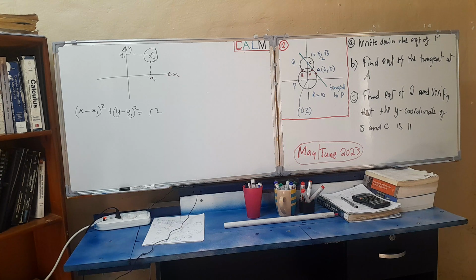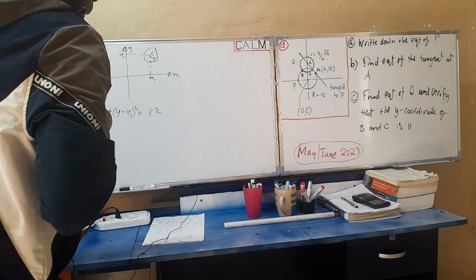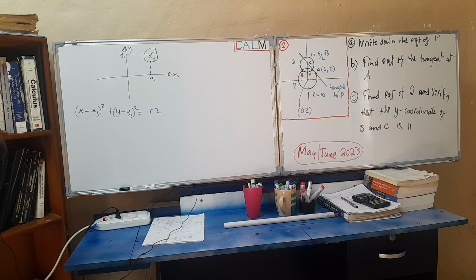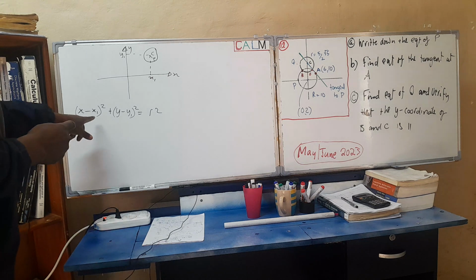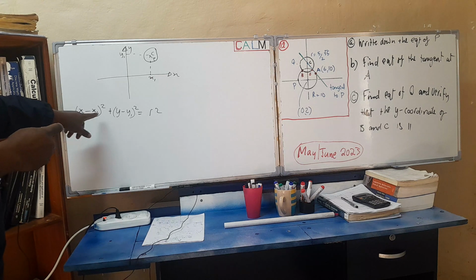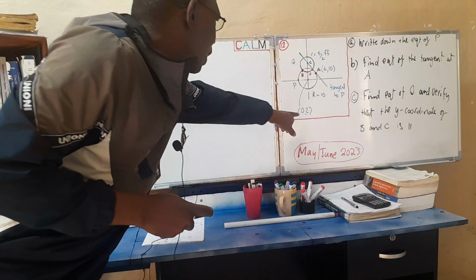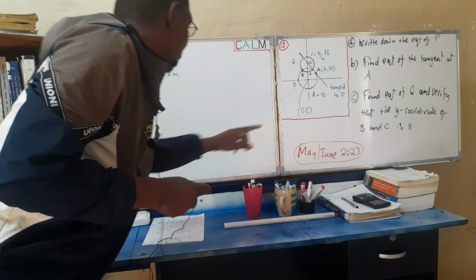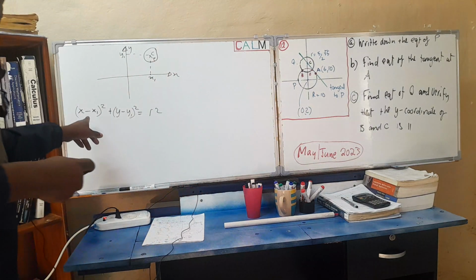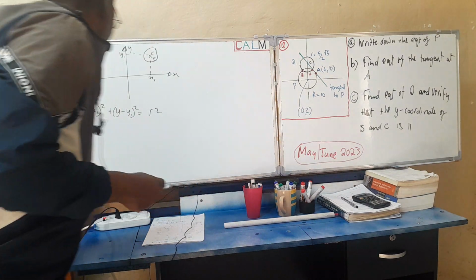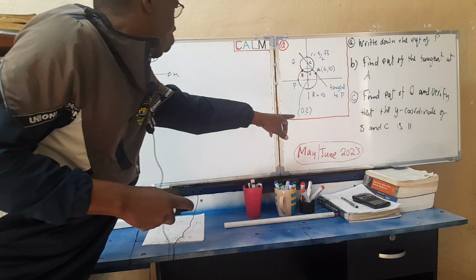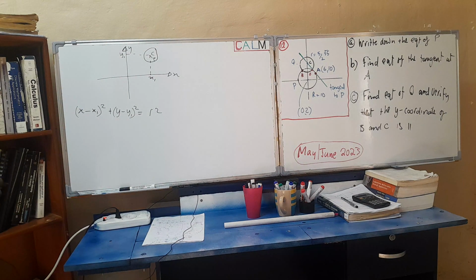Now, what do we know about circle P? Circle P is centered at 0, 2, I beg your pardon. So x1 is equal to 0, y1 is equal to 2. So we just write down the equation.